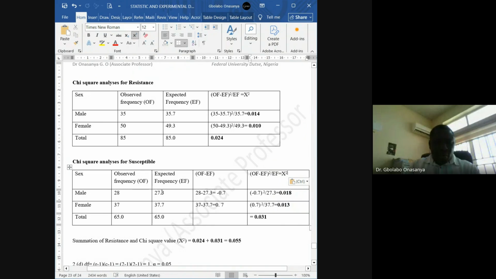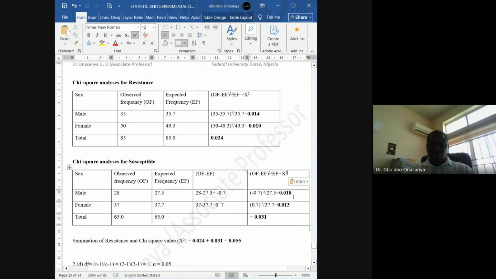Here we have expected. We have 28 minus 27.3 raised to power 2 over 27.3, which is expected.